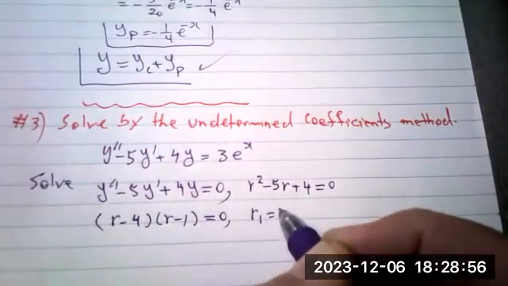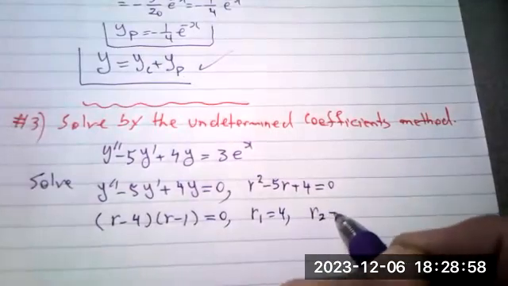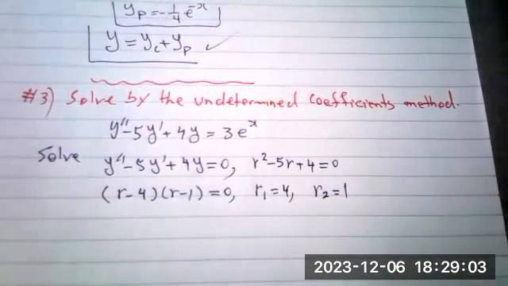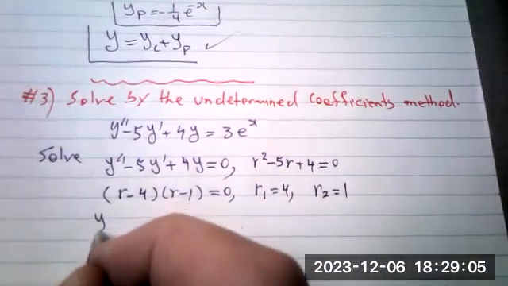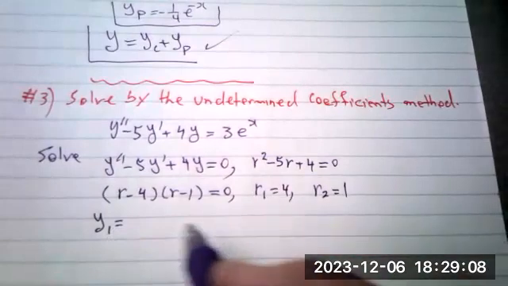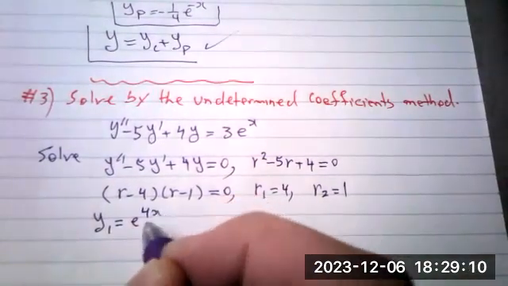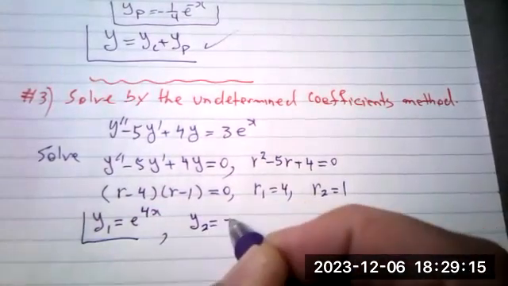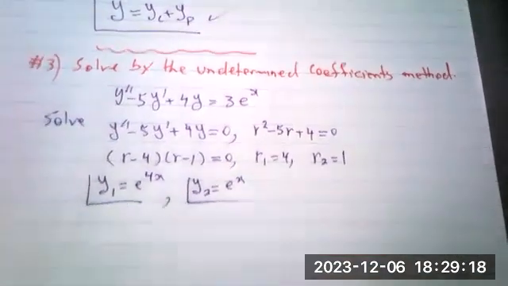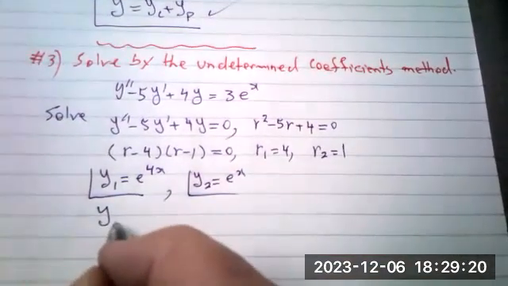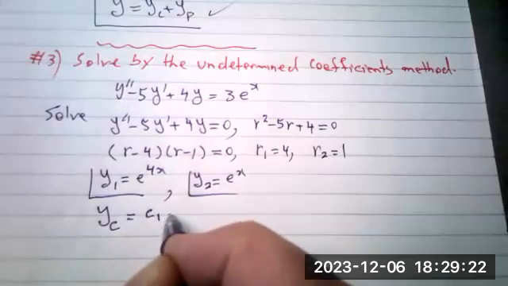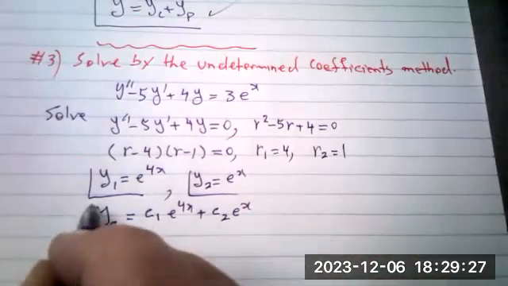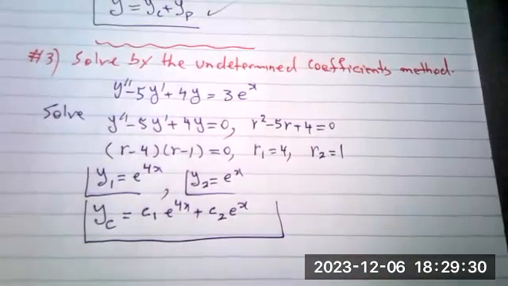So I pick r1 to be equal to 4 and r2 to be equal to 1. There's no repeated solution. So y1 is simply going to be e to the 4x, and y2 is equal to e to the x. Okay, so easily we get yc, which is going to be c1 e to the 4x plus c2 e to the x. So this is the homogeneous solution.